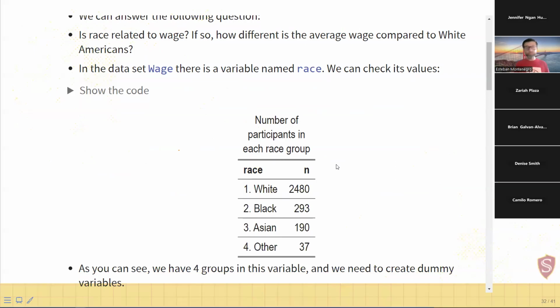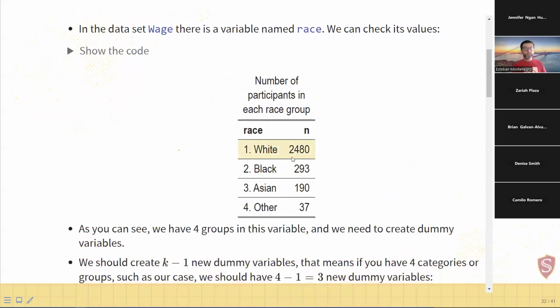They are labels, like, for example, race. Race is a nominal variable because it has groups. In practice, people assign themselves a label in the case of race. So you have white, black, Asian, or other in this example. This is from the wage dataset. So we have this nominal variable that we call race, and we have four groups.